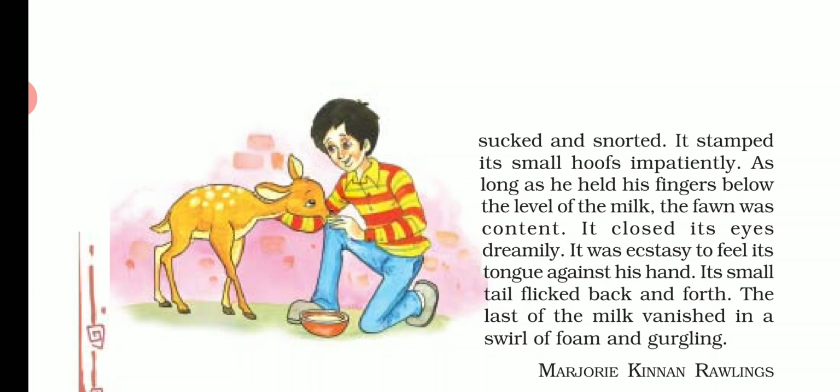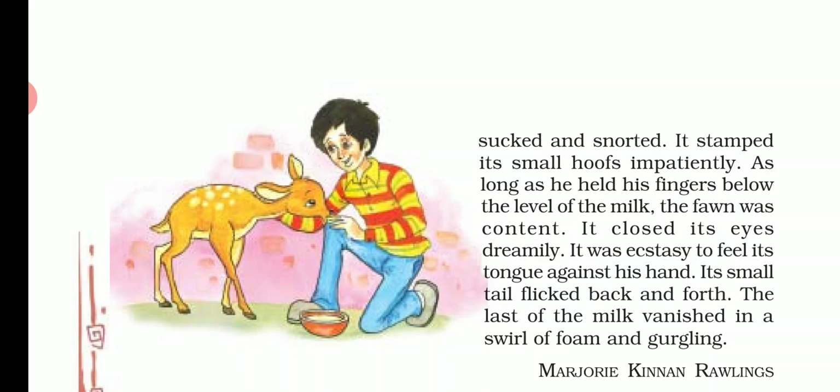So here we end with the lesson. My dear children, we have seen how Jody brought the fawn home. In this chapter, we have seen humanity towards animals, love, care, then trust. Everything is shown in the lesson. So read the lesson properly.